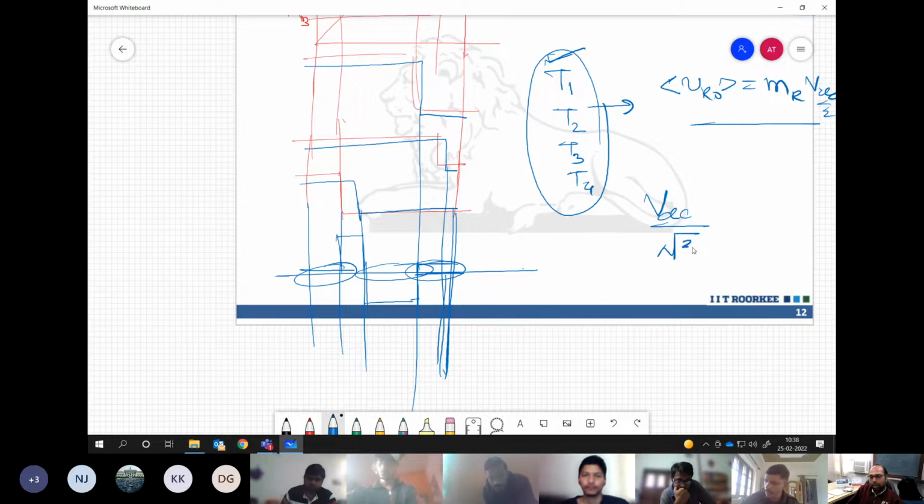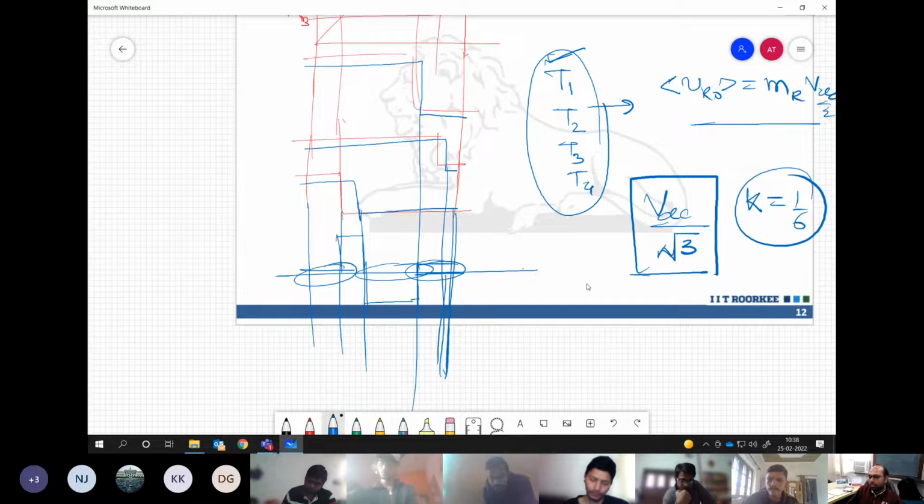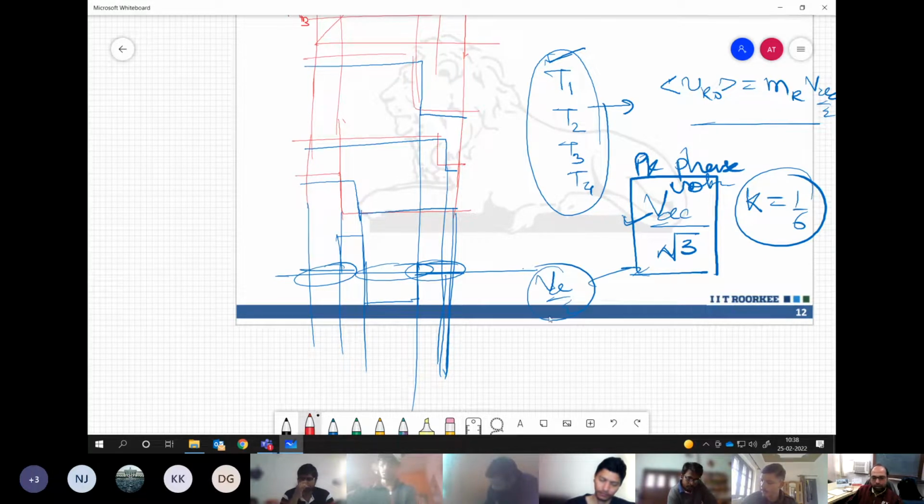So DC bus voltage can reach up to this maximum value now, VDC by root 3, if you use a factor K of 1 by 6. You can have maximum this much peak phase voltage. Earlier it was VDC by 2, right? Now it is VDC by root 3. Remember the number, it was 0.5 VDC, now this is 0.577 VDC.